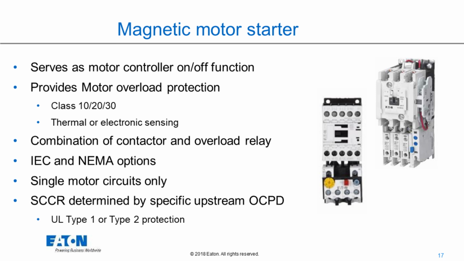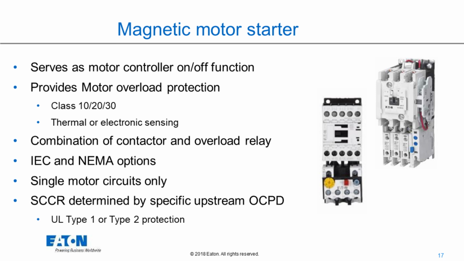Contactors are on top. They're called magnetic because there's a magnetic solenoid coil of wire that, when energized, will pull the contacts together to start the motor, and the contacts are spring loaded, so when it's de-energized, they'll blow apart. These can be IEC or NEMA options.